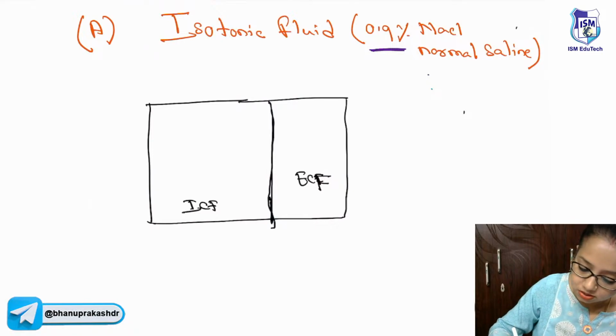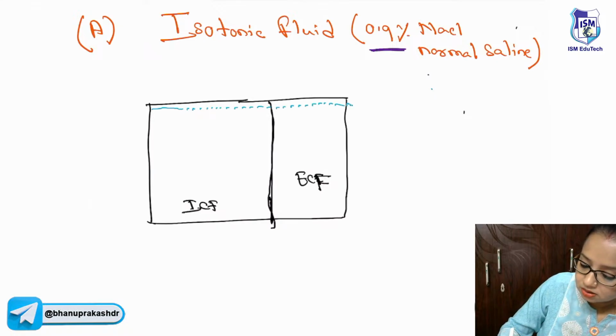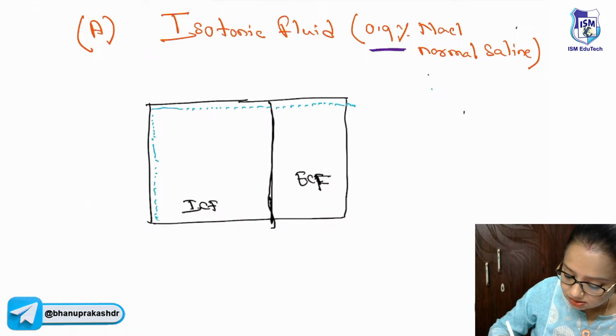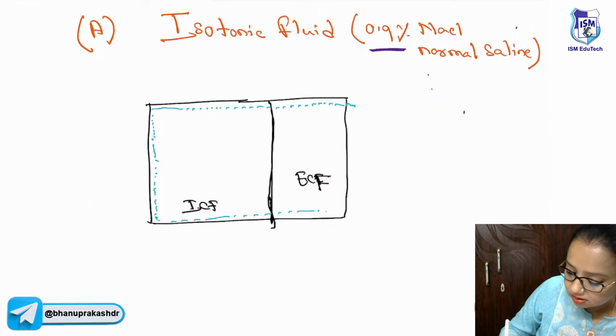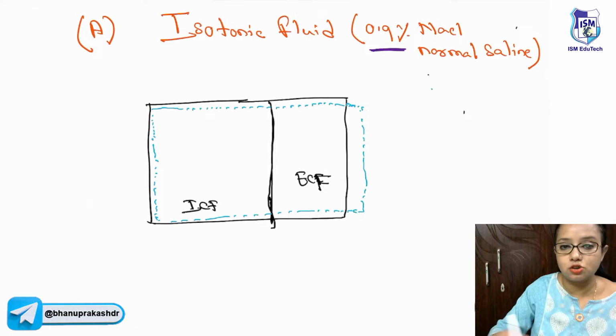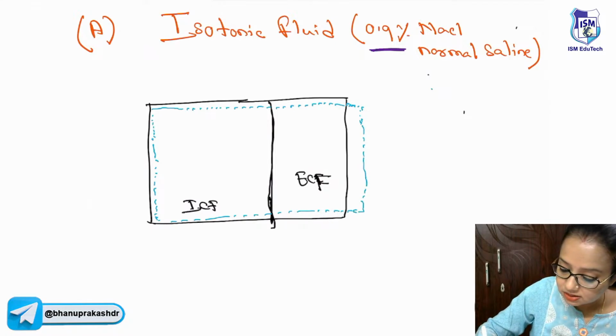That incoming of more fluid will cause an increase in the ECF. The ECF volume will increase. This dotted line means increase in the volume.